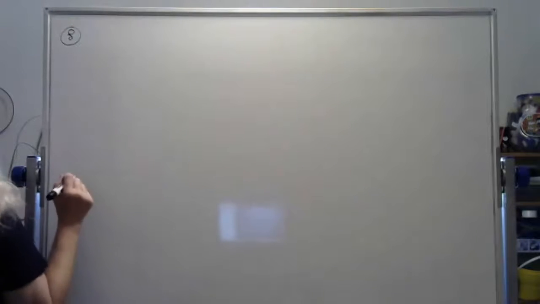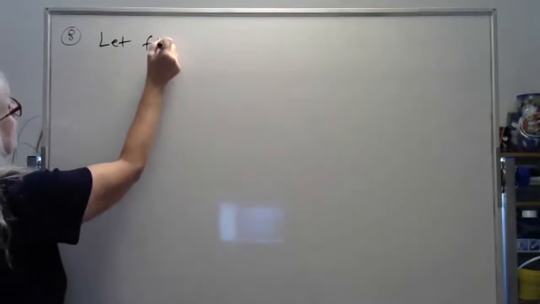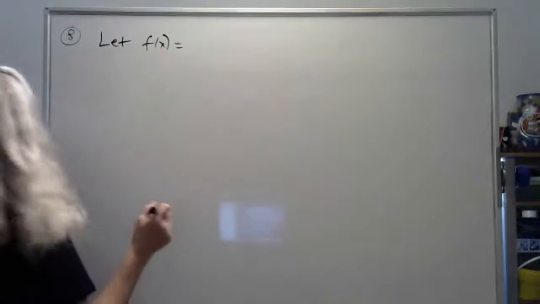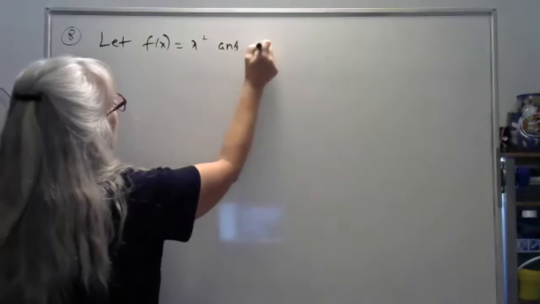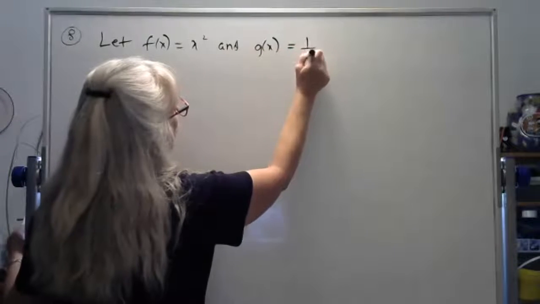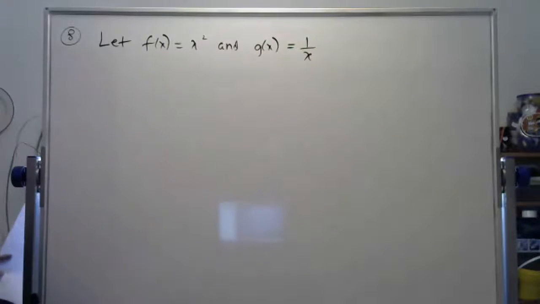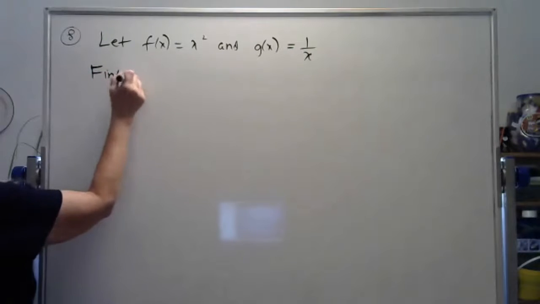So problem 8, we're going to let f of x equal x squared, and we're going to let g of x equal 1 over x. We want to find each of the following.